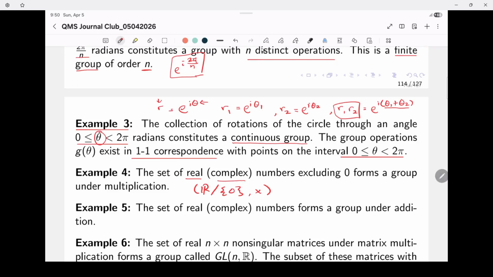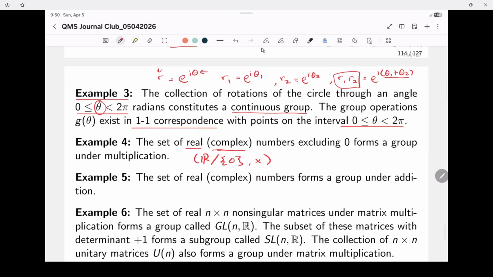It will be the same with complex numbers. There's another one called the quaternion, but I don't want to go into that at this point. So let's just focus on the real and complex numbers. When you don't include 0, it forms a group under multiplication. Whereas if you use addition and you include 0, then the real numbers with addition is also a group.